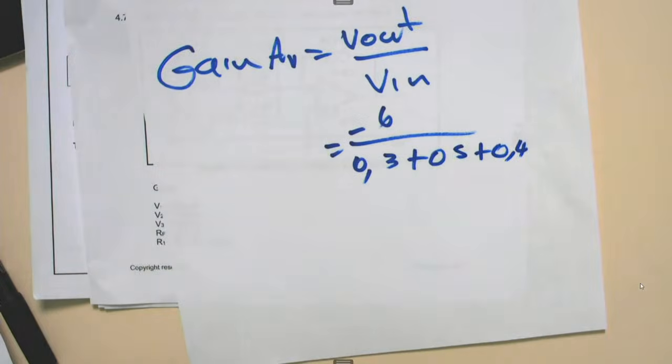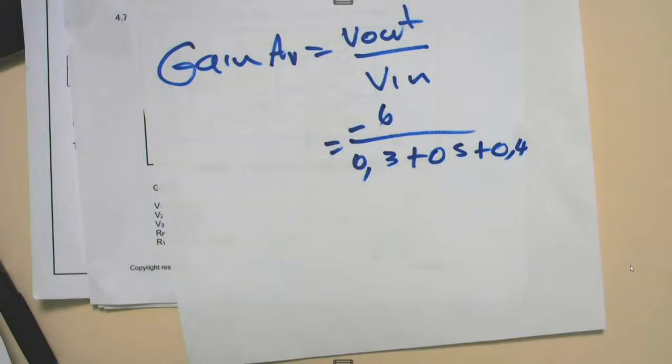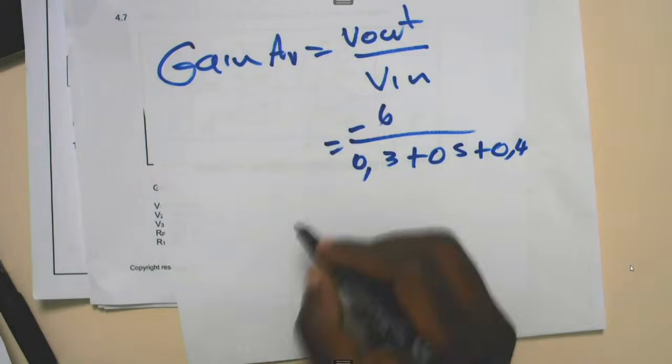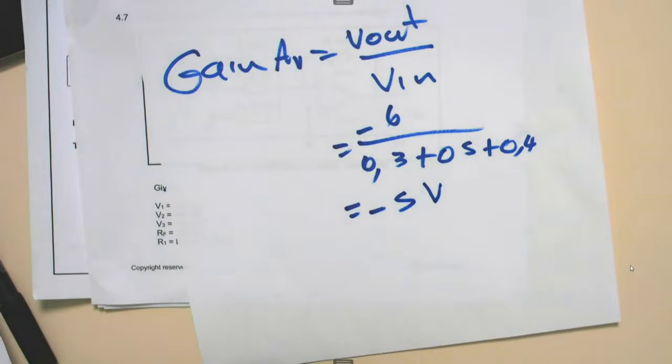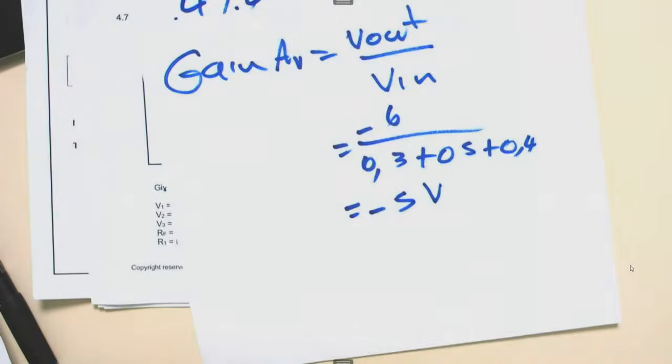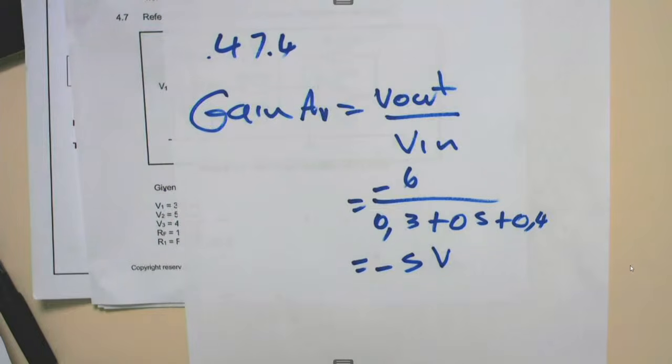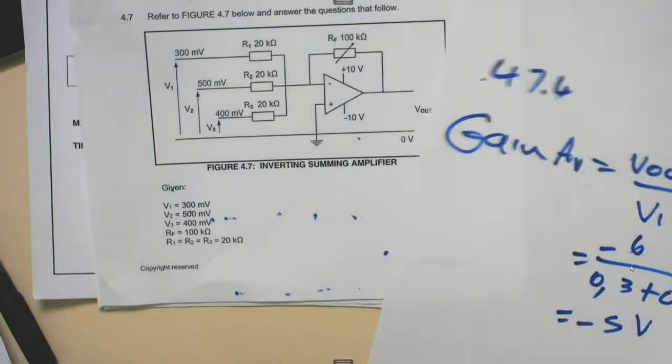If we put it in a calculator, it should give us -5. That's the answer for 4.7.4. We were supposed to calculate the gain of the amplifier using the voltage values.